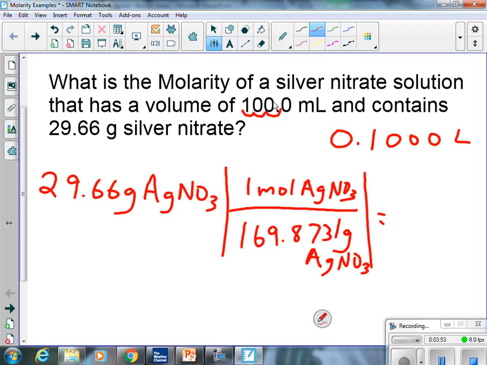So when I do my math, I am going to come up with a value of 0.1746, and my label is going to be moles of silver nitrate.